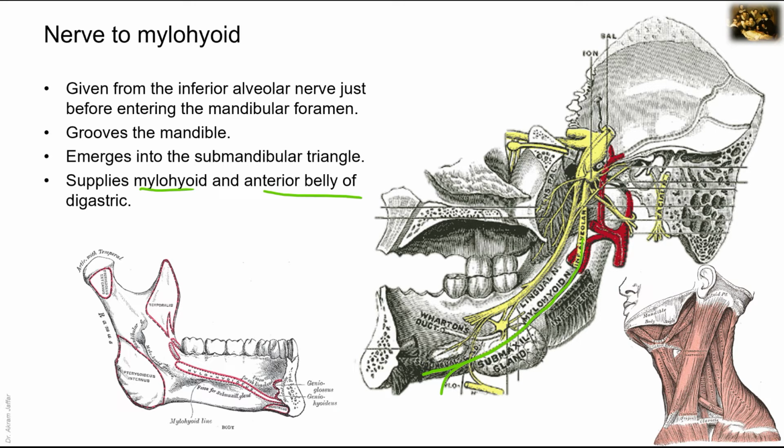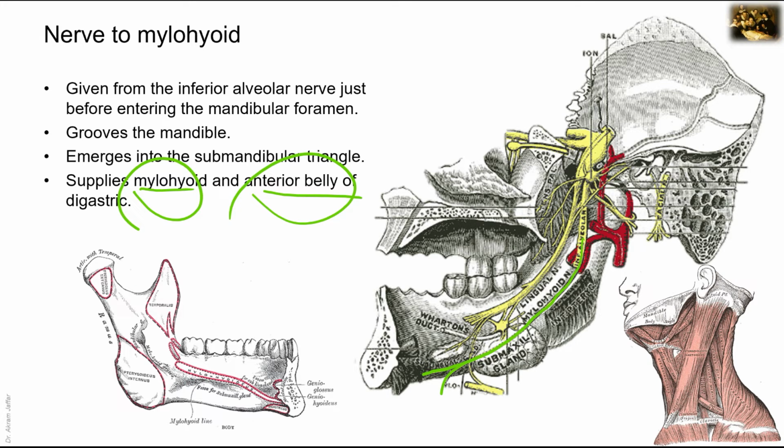Remember that the mandibular nerve is the only division of the trigeminal nerve that carries motor fibers, and it supplies the four muscles of mastication, but it also supplies four other muscles. Two of them are the tensor muscles, tensor veli palatini and the tensor tympani, that are supplied with motor fibers via the branch to medial pterygoid from the main trunk of the nerve, and the other two are the mylohyoid and the anterior belly of the digastric muscle.